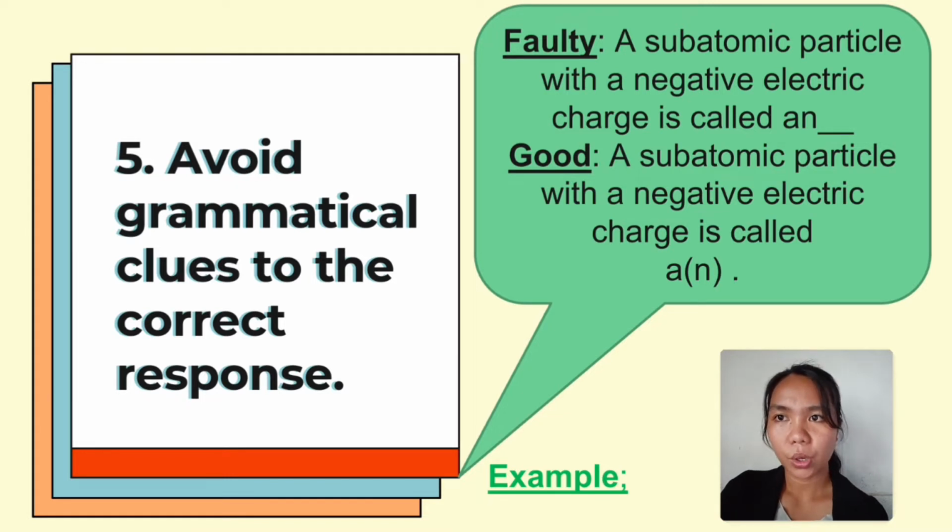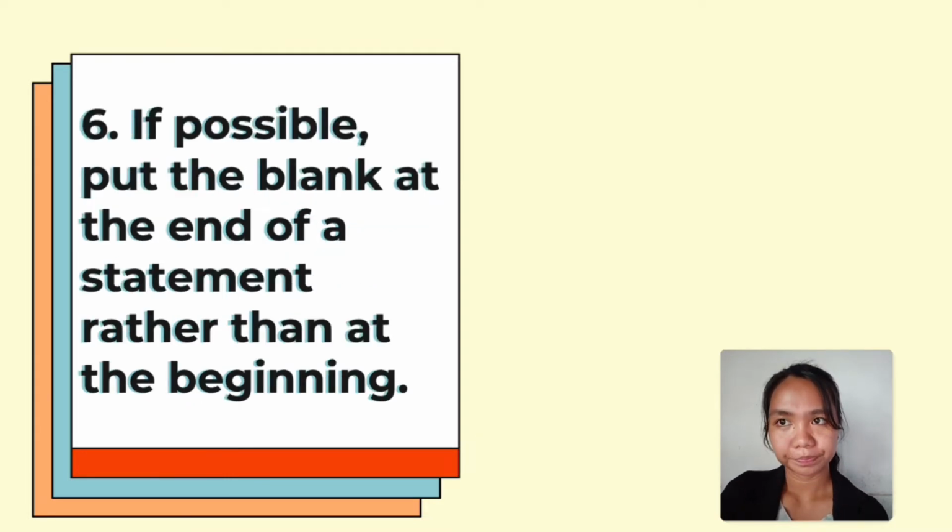So next is, if possible, put the blank at the end of the statement rather than at the beginning. As much as possible, put the blank at the end and not in the first line of your statement because it will add confusion to the students who read the question.